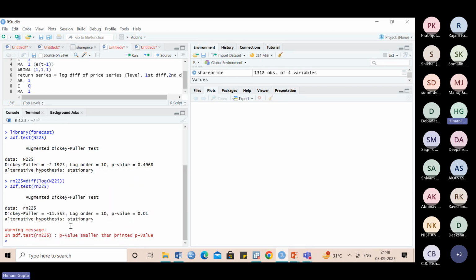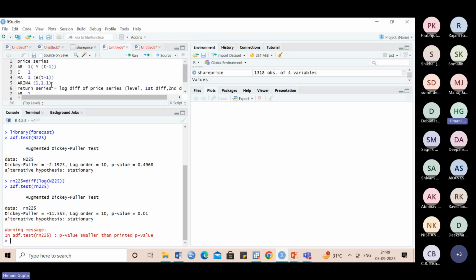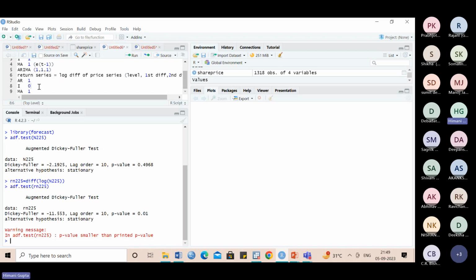It is already stationary; the p-value is already less than 0.05. So it depends on you which series you are working on. If you are working on the price series, integrated at 1, I should be 1. So my model will be 1, 1, 1. If I am working on the return series, my model will be 1, 0, 1.